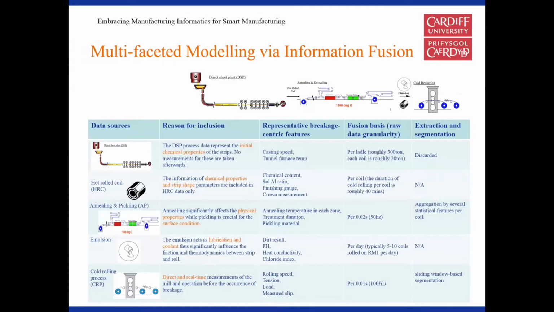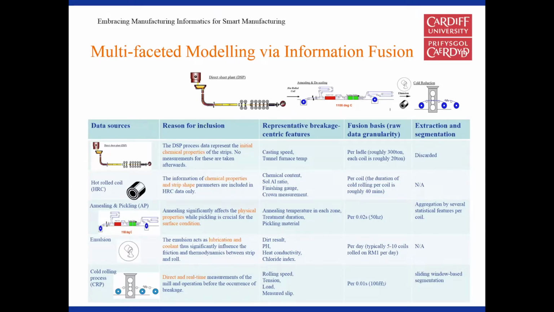Another work project we want to share with you is concerning multifaceted conceptual modeling with information fusion. So the particular example I wish to surface is we're working with the steel making industry. We look at some materials, right? Silicon steel going through the cold rolling process so that we want to make the material thinner and thinner.